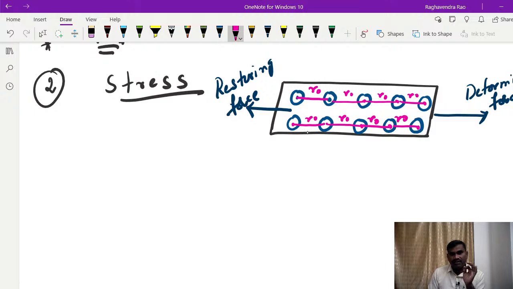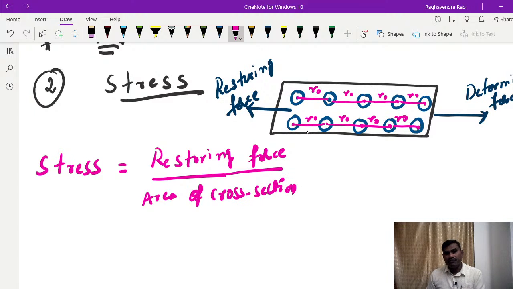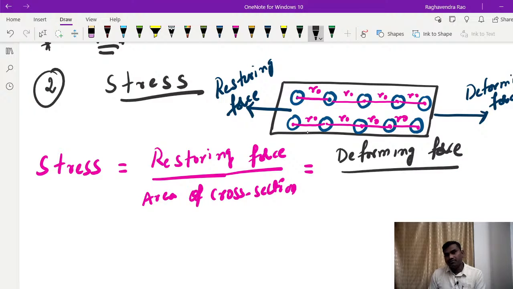So stress we can define as stress is equal to restoring force by area of cross section, which is equal to, since the restoring force is balancing the deforming force, in magnitude equal to deforming force by area of cross section.